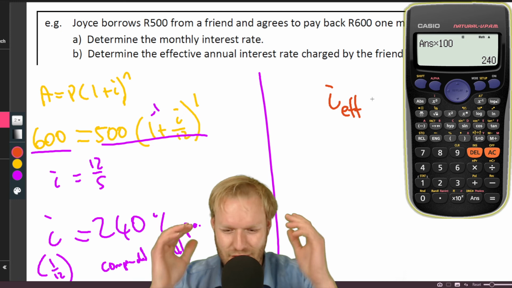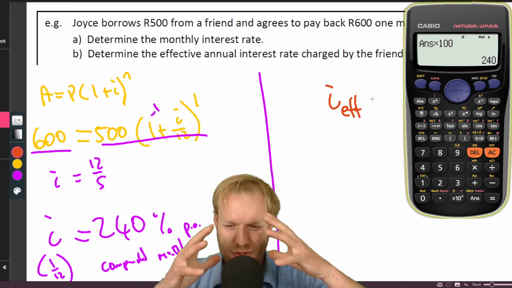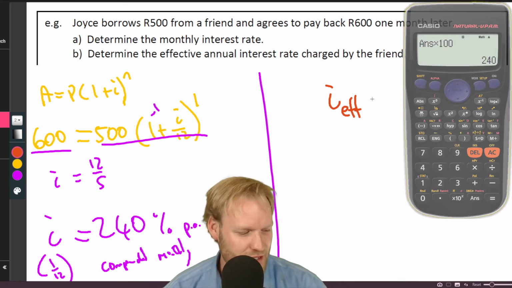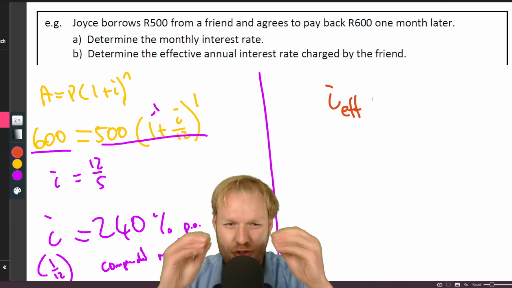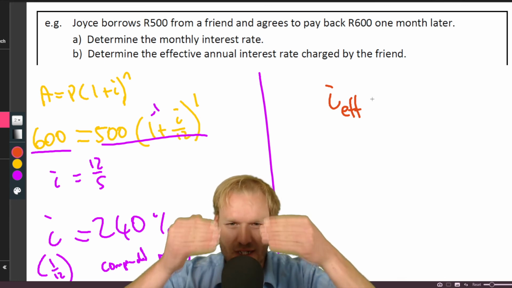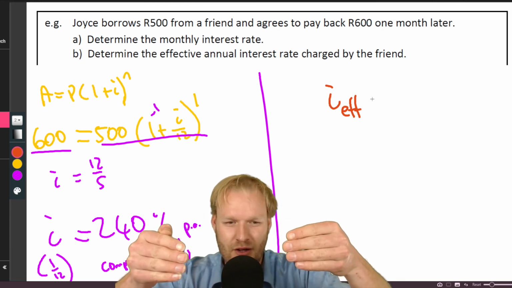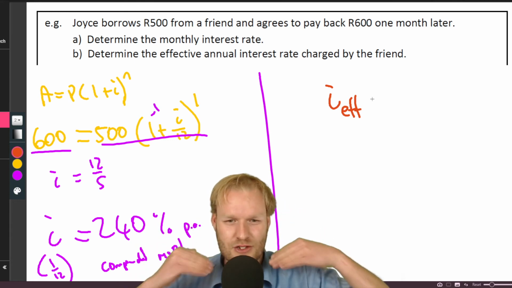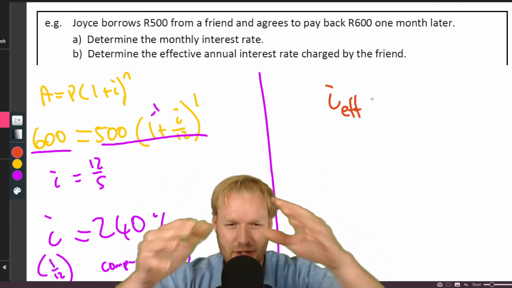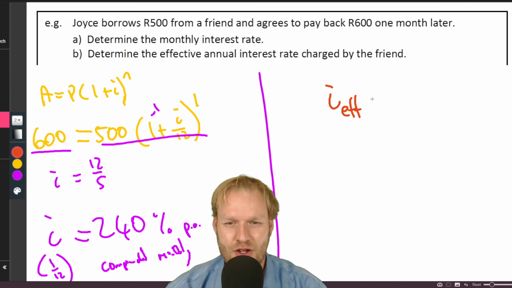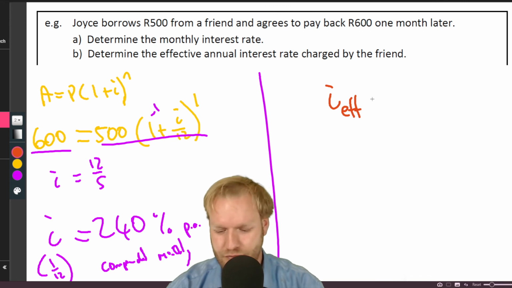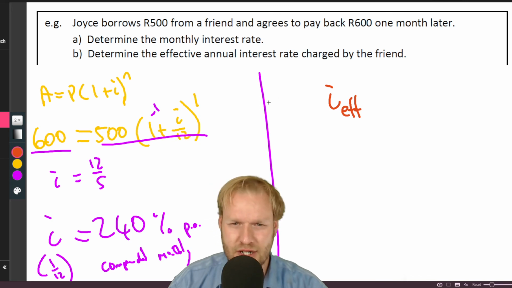If it's 240% compounded every month, and we turn that into something that's only compounded every year, but is equivalent, should that effective interest rate be higher or lower than 240%? Well, let's put it in and see.